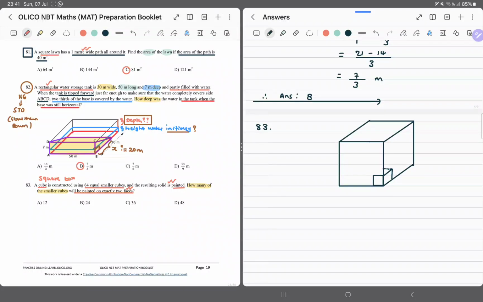Okay, so we know that there's going to be essentially a cube like that.